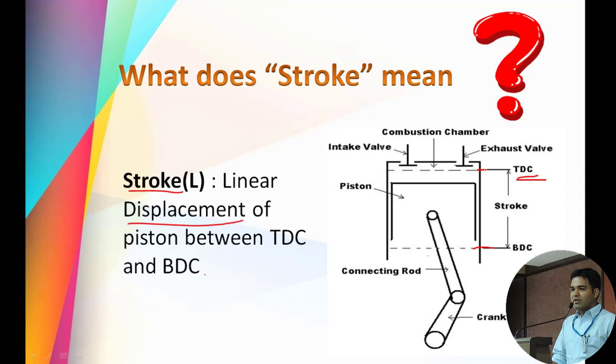I would like to emphasize the word displacement. As the stroke is the linear displacement of the piston, the unit of the stroke would be meter, centimeter or mm. And the stroke is always indicated by capital L.